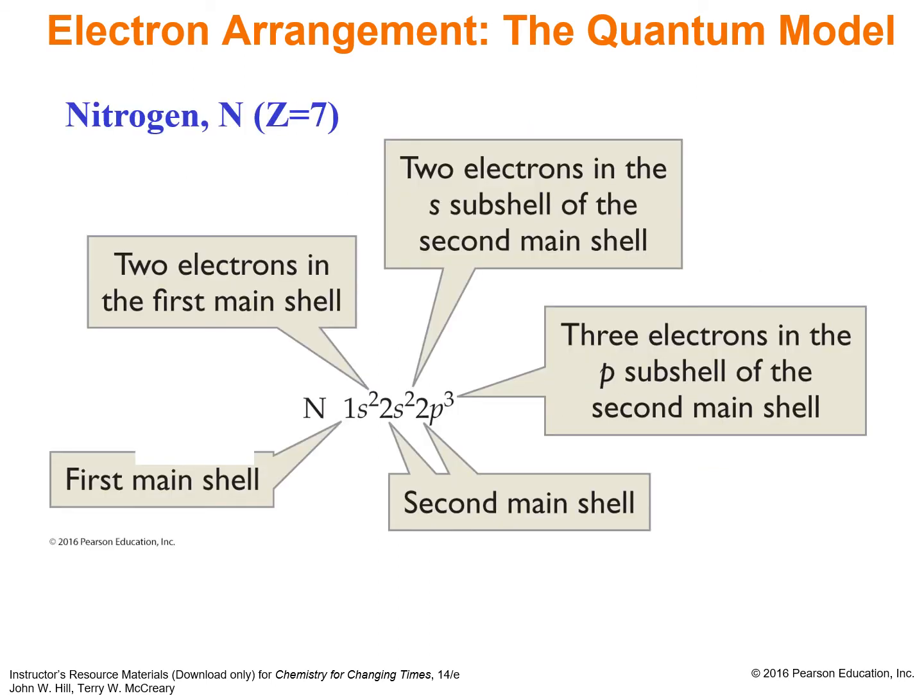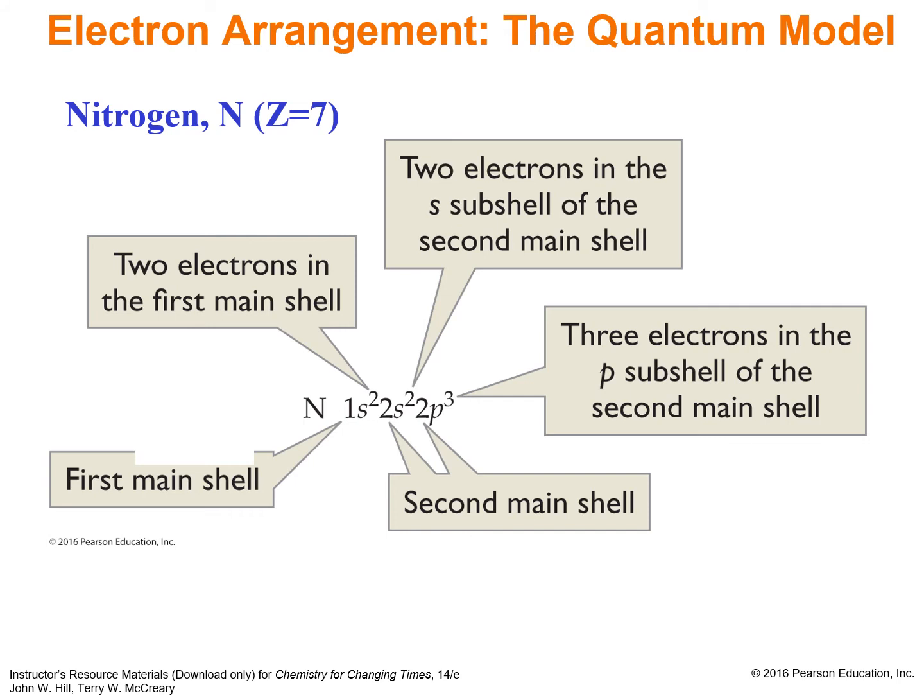So let's look at an example of nitrogen. Nitrogen, if you look at the periodic table, has an atomic number of 7. That means it has 7 electrons. And if anyone is wondering how she knows it's 7 electrons, by now you should have practiced what we learned in the earlier part.